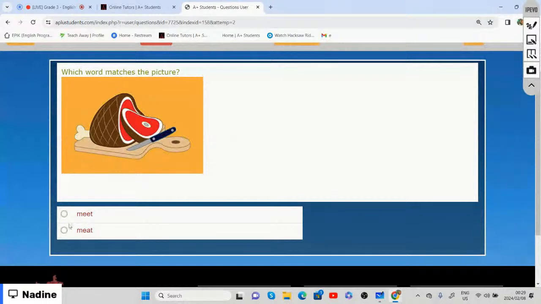Is the first word meet, M-E-E-T, or M-E-A-T? It's to do with food. So meat, is it M-E-E-T, the first one, or M-E-A-T, which is the second one?